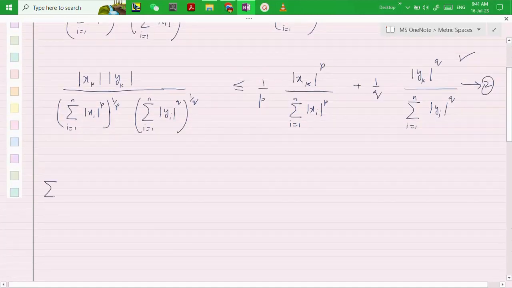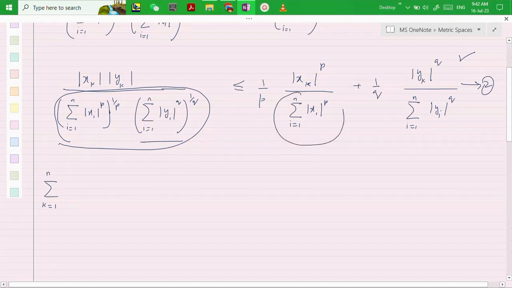We sum with respect to k from 1 to n, because this denominator quantity is the same for all k, and also this one and this one. They are all the same for all k, so they are independent of k.